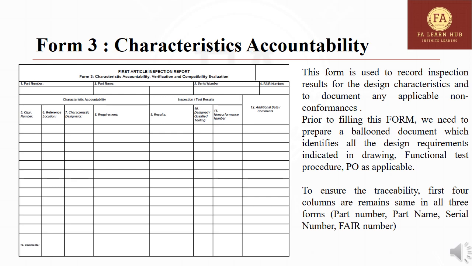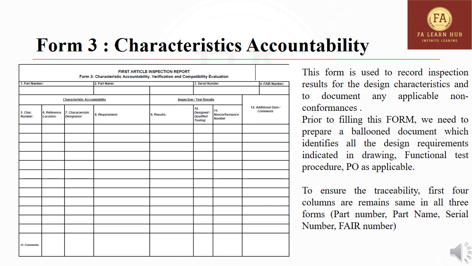That means all the requirements indicated in the drawing shall be reflected here, and their inspection results also. If the inspection results are not meeting the requirement, then the non-conformance is also documented here.